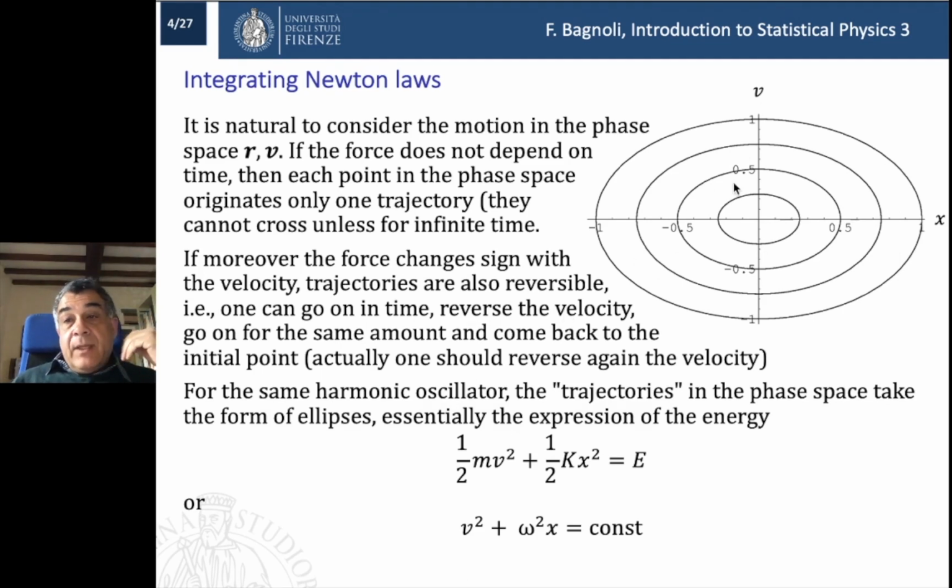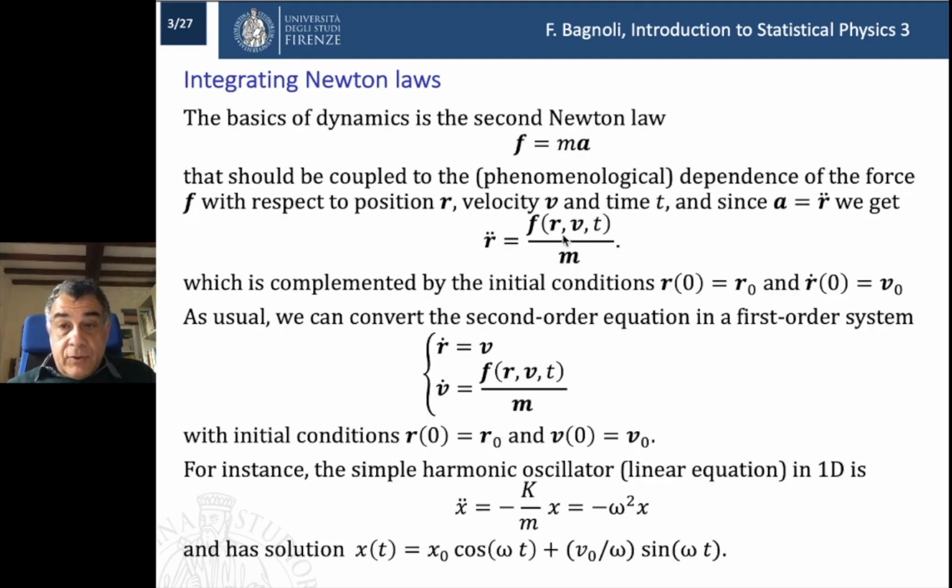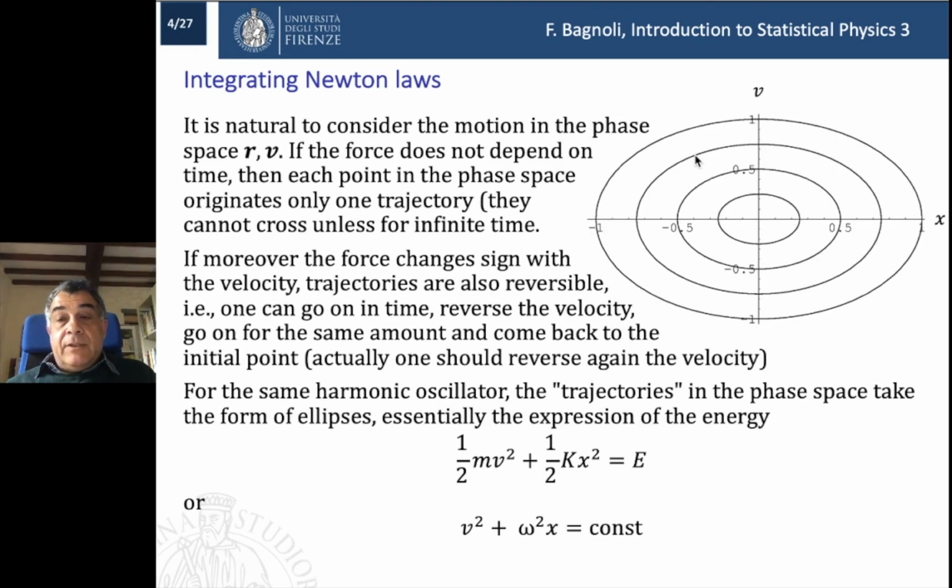And if the force does not depend on time, since the motion is given only by R and V, from each point only one trajectory can originate, and so they cannot cross unless in the limit of infinite time. For instance, if I have some damped motion, two trajectories at the end can meet, but only in the limit of infinite time.